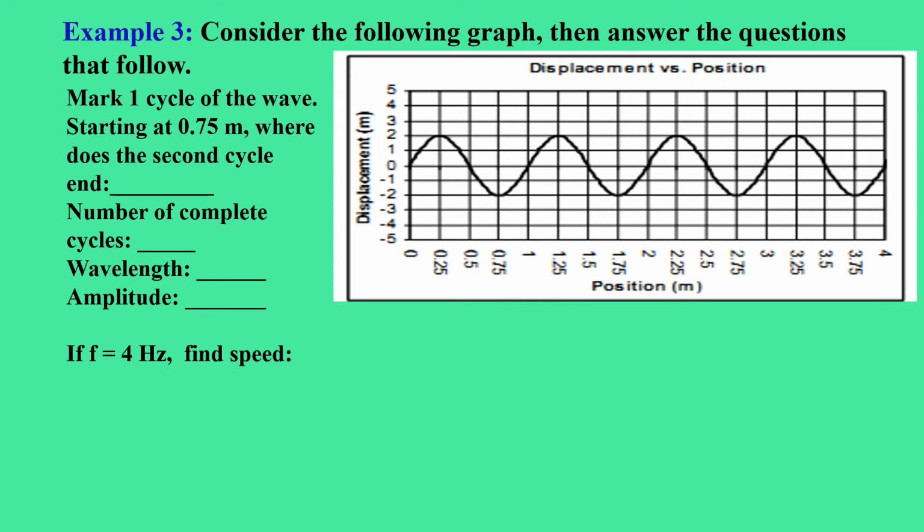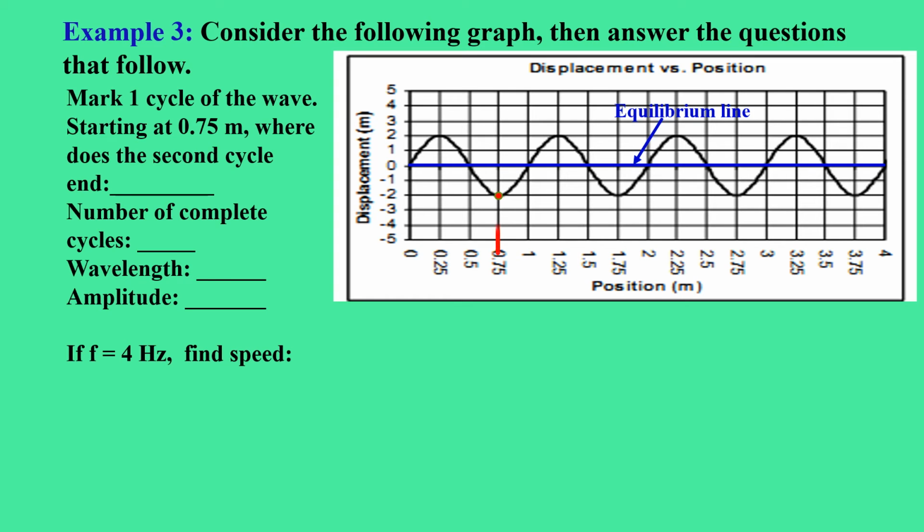Example number 3. Consider the following graph, then answer the questions that follow. First, we draw our equilibrium line. Mark one cycle of the wave, starting at 0.75 meter. Where does the second cycle end?